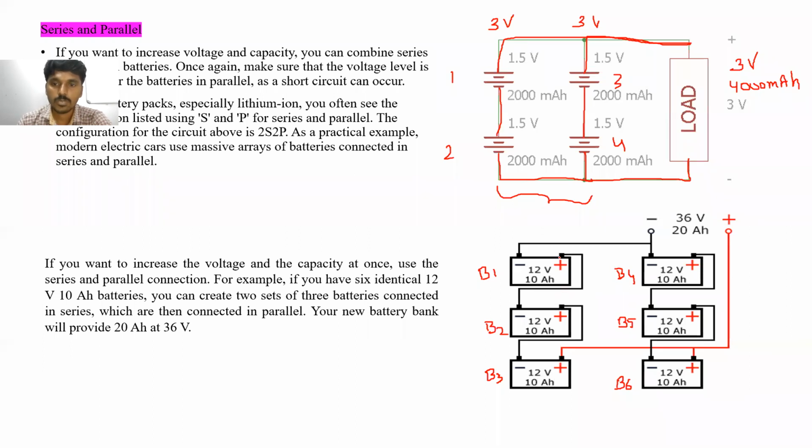The positive plate of the first battery is connected to the negative plate of the second battery, and the positive plate of the second battery is connected to the negative plate of the third battery. Clear? Like the same way, the positive terminal of the fourth battery is connected to the negative terminal of the fifth battery, and the positive terminal of the fifth battery is connected to the negative terminal of the sixth battery.